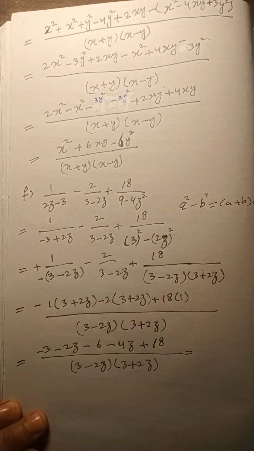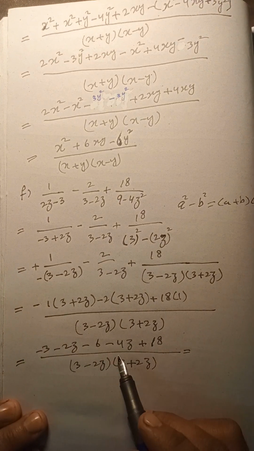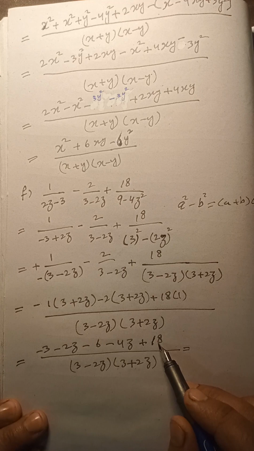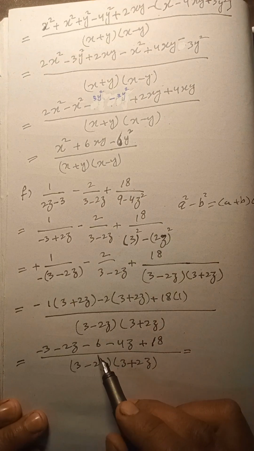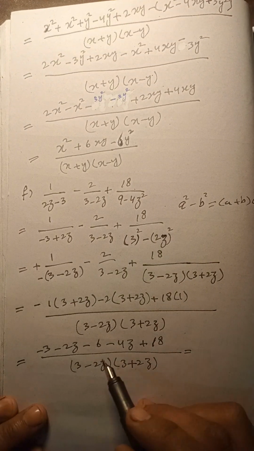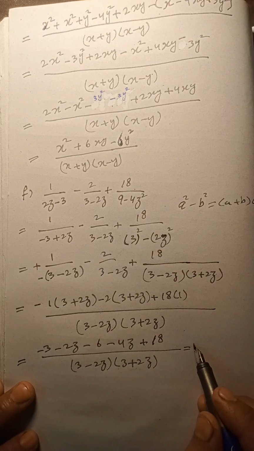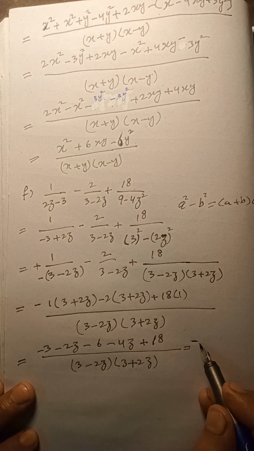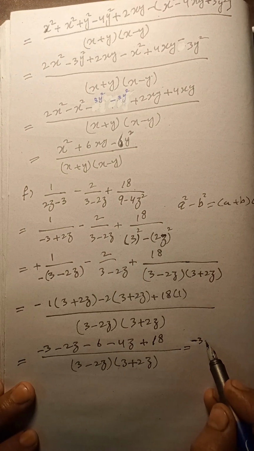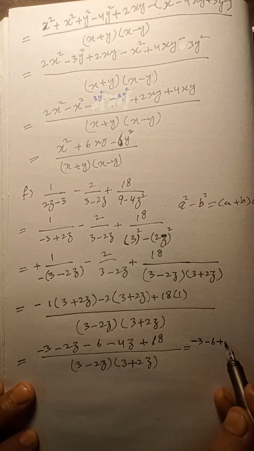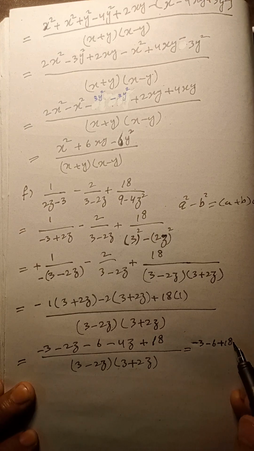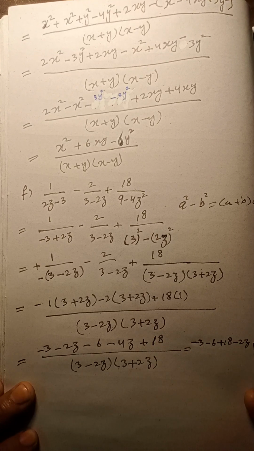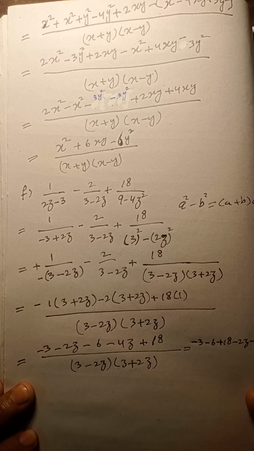So now see here, minus 2z and minus 4z, plus 18, minus 6 and minus 3. Write same terms together, minus 3 minus 6 plus 18 here, and minus 2z and minus 4z here.